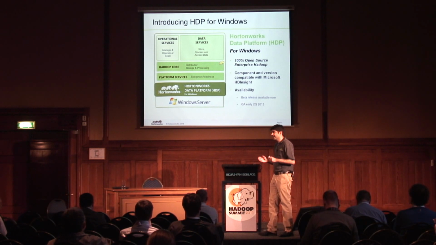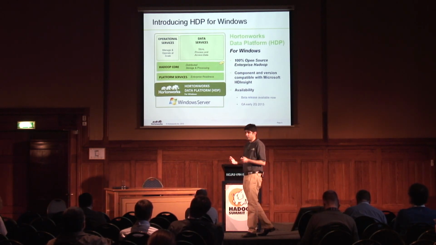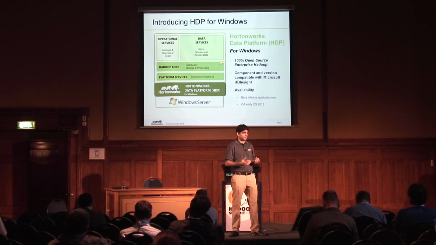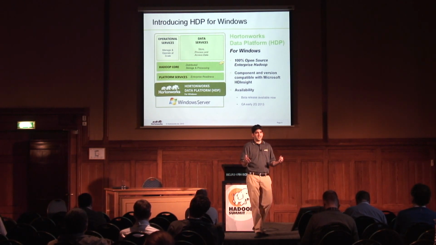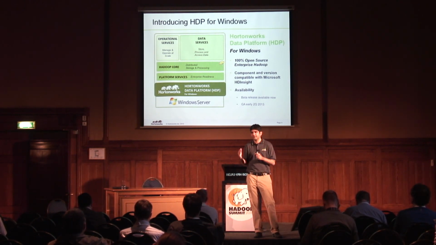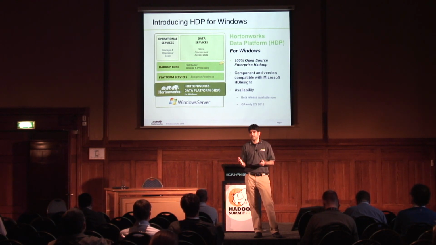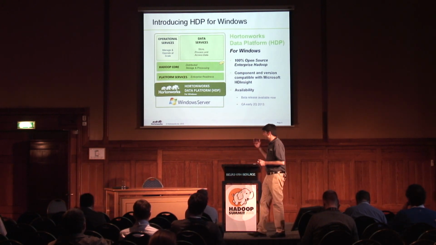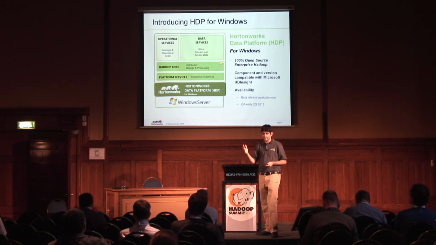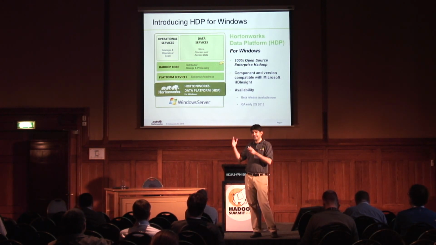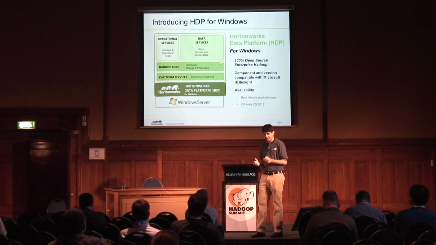We said the enterprise community wants us to expand Hadoop to work across all important platforms. And Windows is a very vital platform that is in all enterprises and powers databases, communication servers, and a lot of different enterprise-class systems. So we brought the Apache set of components to Windows.